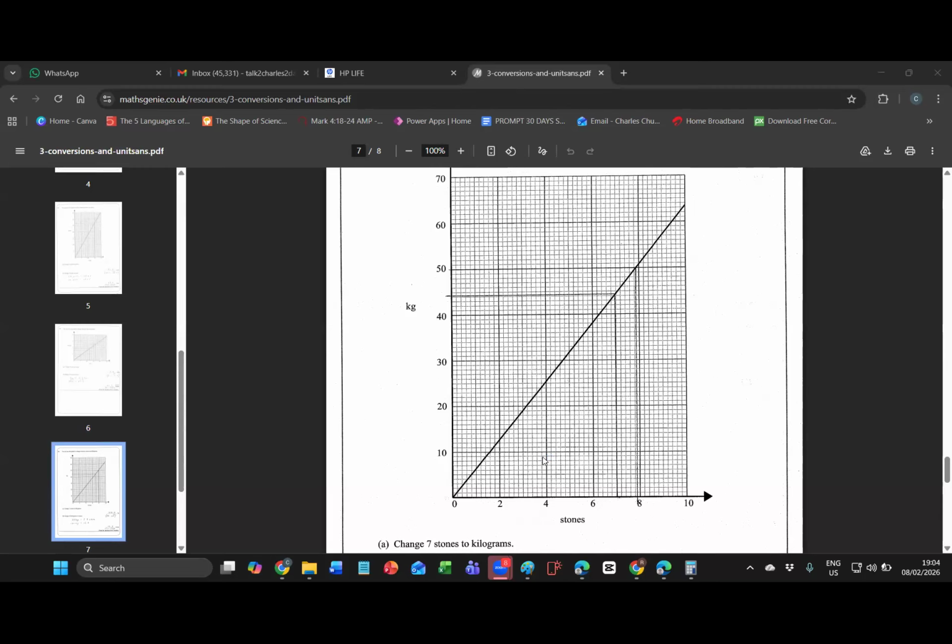Okay. And then when you go up, for the y-axis, it will be 10 divided by 10, which is 1. So that even makes it kind of easy, right?